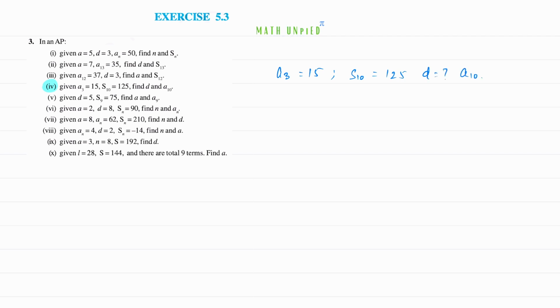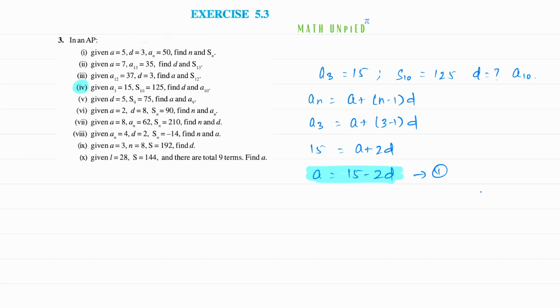So we can start like this. an equals a plus n minus 1 times d, or a3 equals a plus 3 minus 1 times d, or we know the value of a3, 15 equals a plus 2d, or a equals 15 minus 2d. Let this be equation 1.